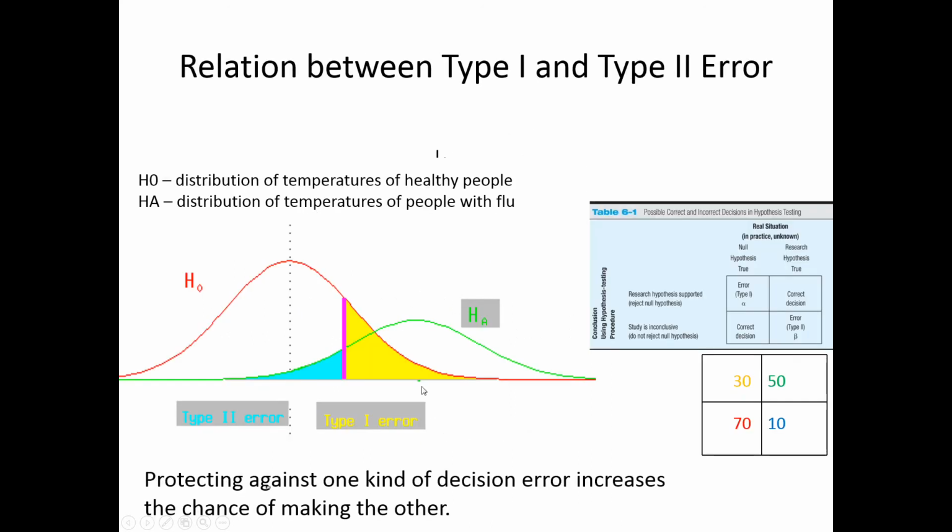So how to illustrate it? For example, we have two distributions. Let's say that this is the distribution of temperatures of healthy people, and here in green is the distribution of temperatures of people with flu. And let's say that based on this simple temperature test, we want to classify those people into healthy and sick people.